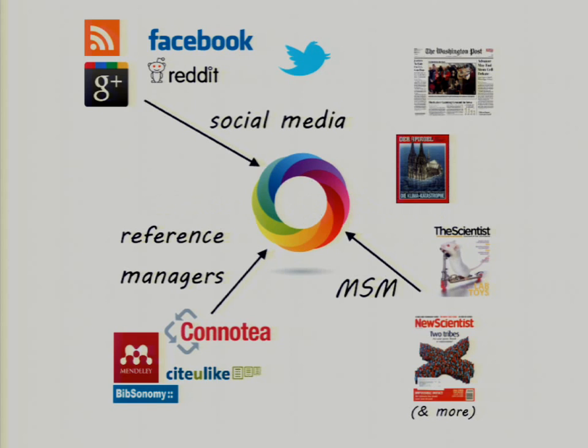As a bit of background, I said already what Altmetric does, but effectively it's an aggregator. It tracks a whole bunch of social media services, newspapers and magazines, and reference managers online as well. The reference managers here are the public online ones, so I'm not talking about something like EndNote Web.